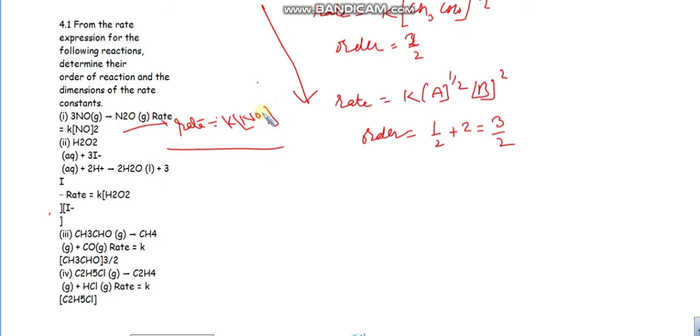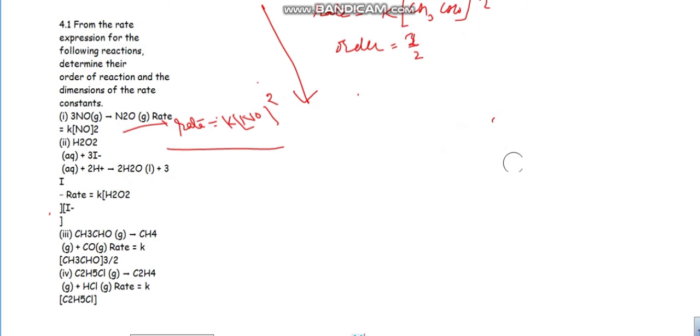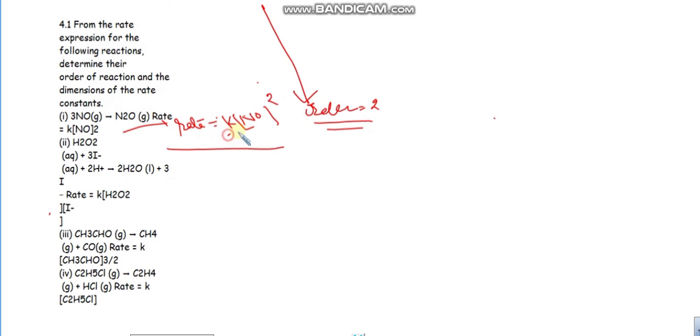The order will be 2. And what is the dimension? What is the unit of this K?